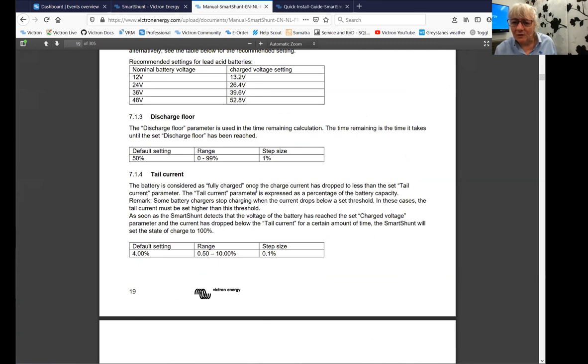The tail current is a parameter expressed as a percentage of the battery capacity. So if you have a 200 amp hour battery and it's set at 4%, you can calculate how many amps that is. As soon as the battery monitor sees the voltage higher than the charged voltage and the current lower than this current, then it says 100%. And that's how that works. Hope that's clear. Yeah, good.